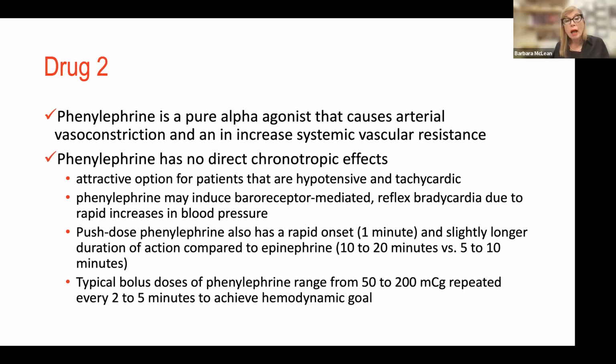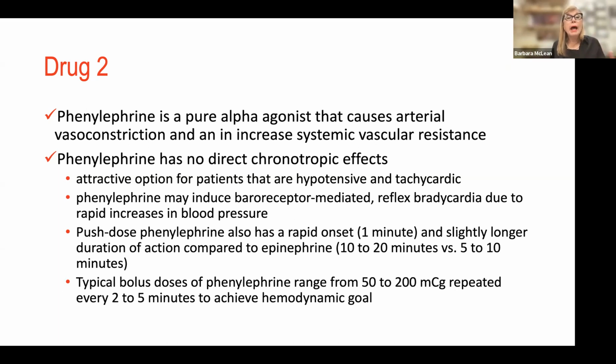Okay. Phenylephrine, probably the most common choice, pure alpha, arterial vasoconstrictor, has no direct chronotrope, no direct inotrope, and it's a beautiful option for people who are hypotensive and tachycardic, so heart rate above 100 and blood pressure lower.